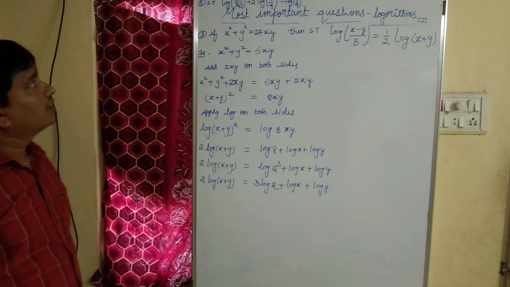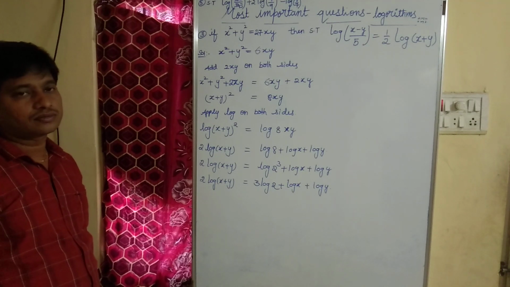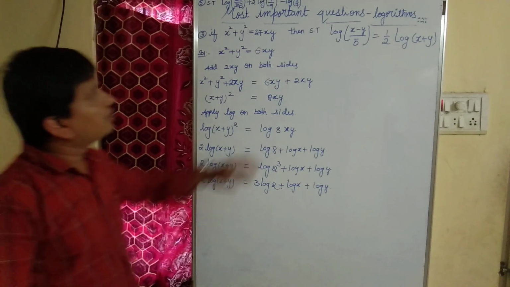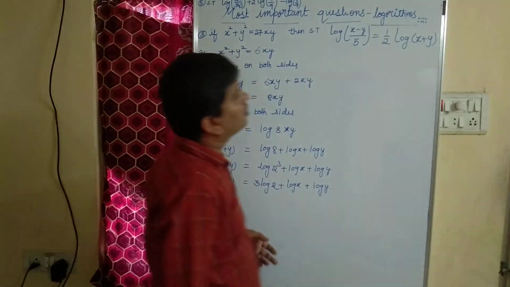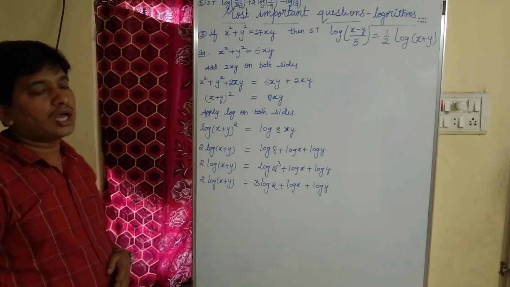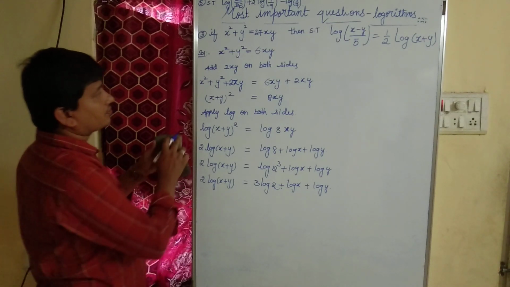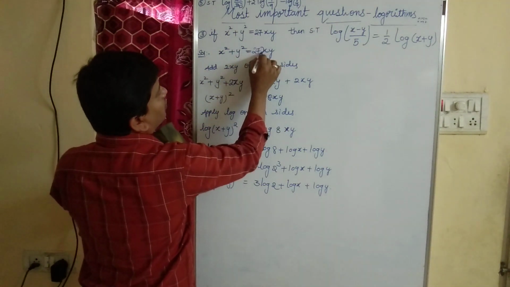What is given? If x square plus y square equal to 27xy, then show that log of (x minus y) by 5 equal to 1 by 2 into log (x plus y). So given x square plus y square equal to 27xy.